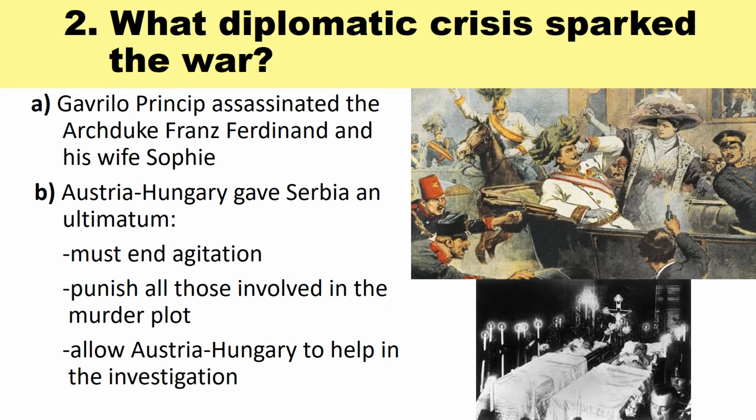Well, let's look at the diplomatic crisis that really kind of sparks the war here. That spark flared in what we call the Balkan Peninsula, which was sometimes, and you maybe heard of this phrase from world history, known as the powder keg of Europe.